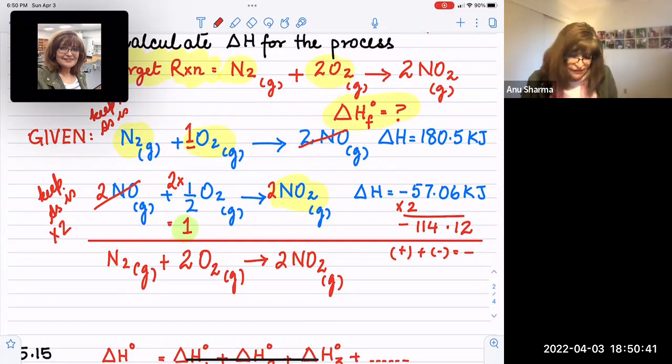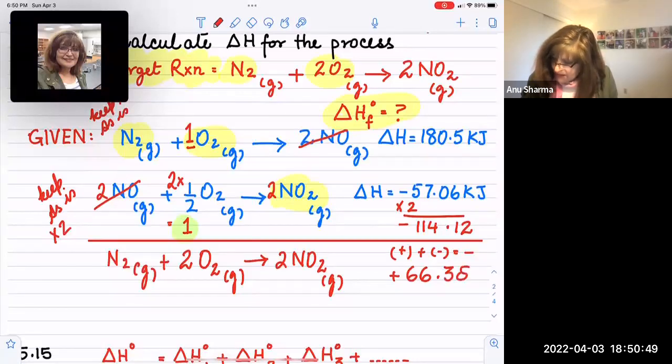So this comes out to be a positive 66.38, and if you round it up, this becomes 66.4 kilojoules.